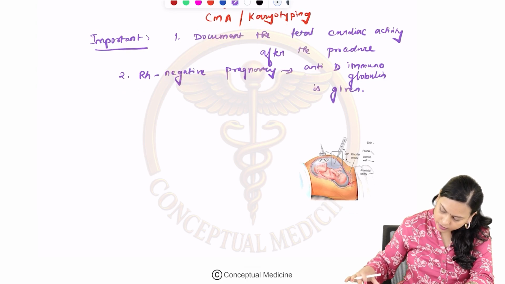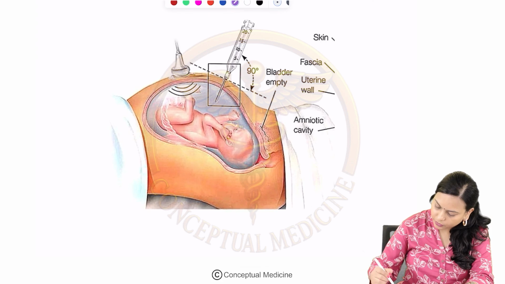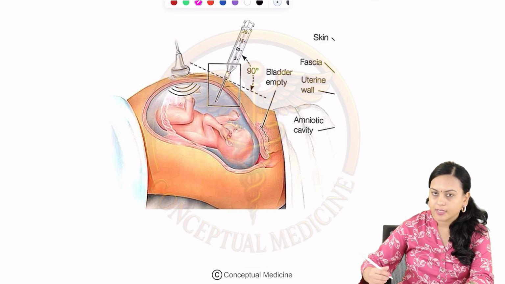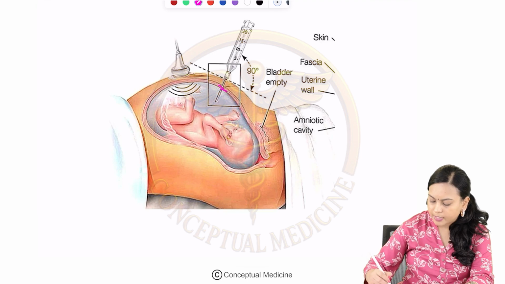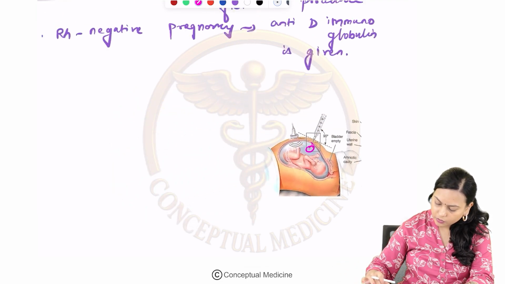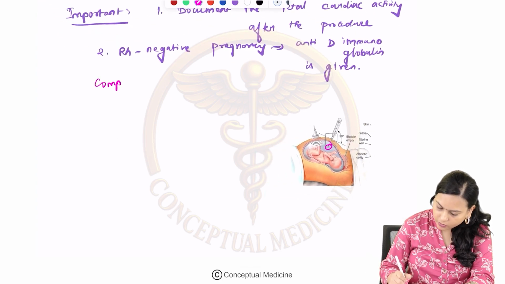So this is how the procedure is done. Basically, you are going to insert a needle via the abdominal wall, and it has to pass through the uterine wall, the membranes, and it has to reach the easily accessible amniotic fluid pocket, and you are going to aspirate the fluid.